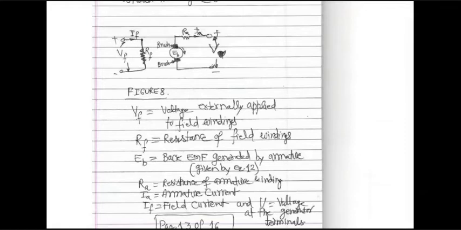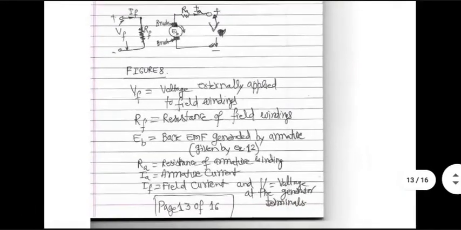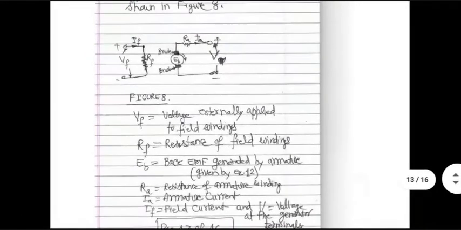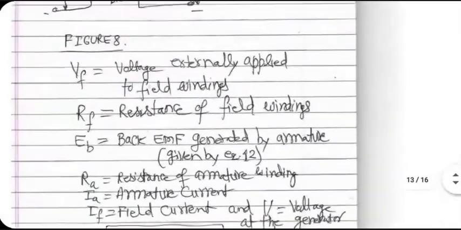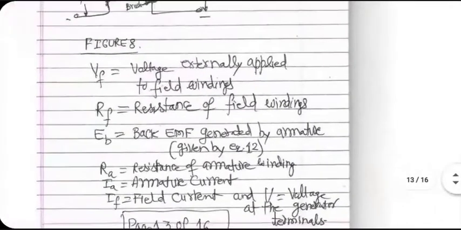So these are various parameters of the equivalent circuit. VF is the voltage externally applied to field windings. RF is the resistance of the field winding. EB is the back EMF generated by armature. We have already got an equation for it, phi ZNP divided by 60A.